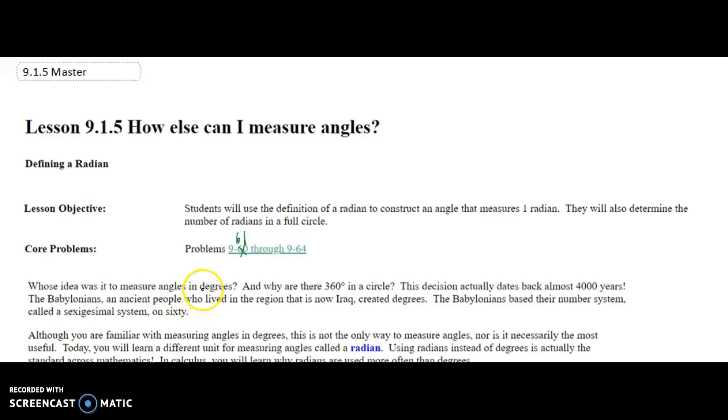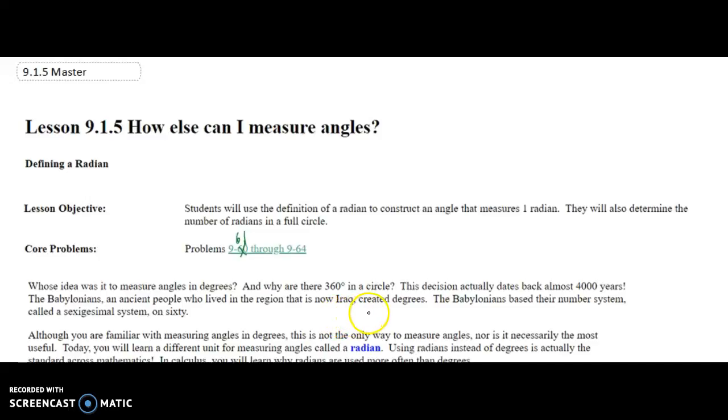Who thought up this concept that there should be 360 degrees in a circle? That idea dates back almost 4,000 years to the Babylonians, in modern-day Iraq.